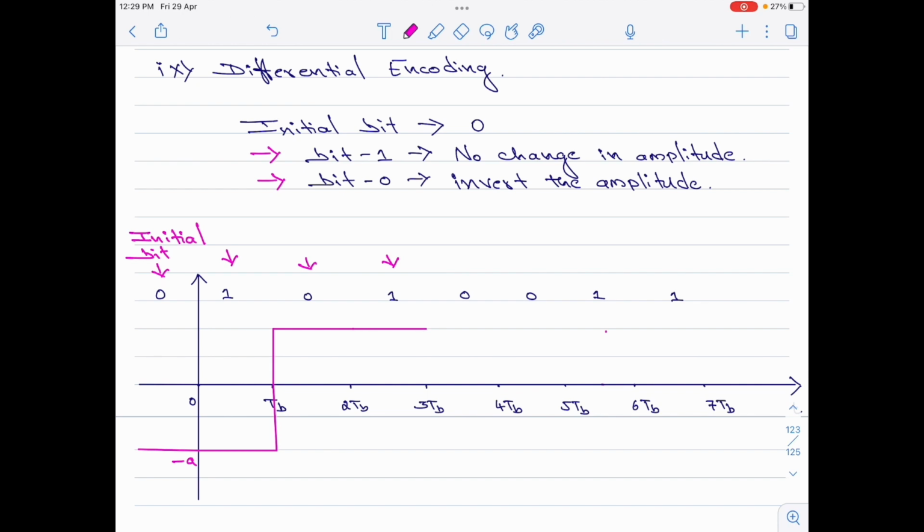The next bit is a 0, reverse the amplitude of the pulse. The next bit is again 0, so once again reverse the amplitude of the pulse. The next two bits are 1, 1, so continue transmitting the previous amplitude for the next 2 bit durations. This is the waveform for the differential encoding scheme for the given binary data.